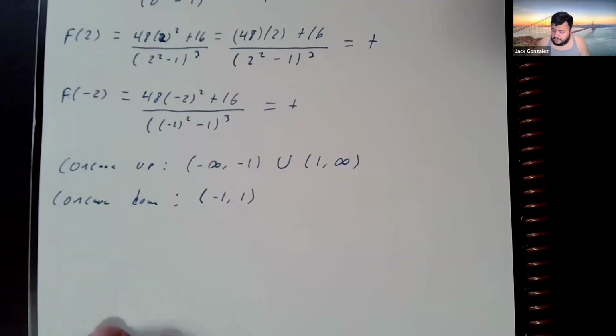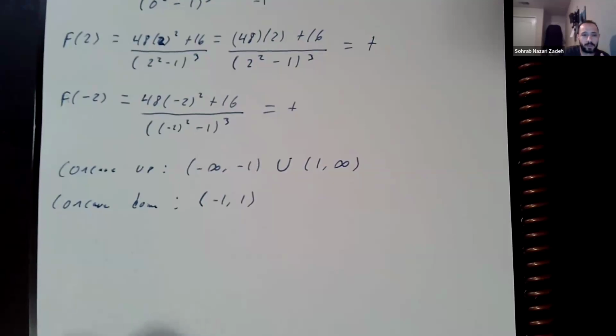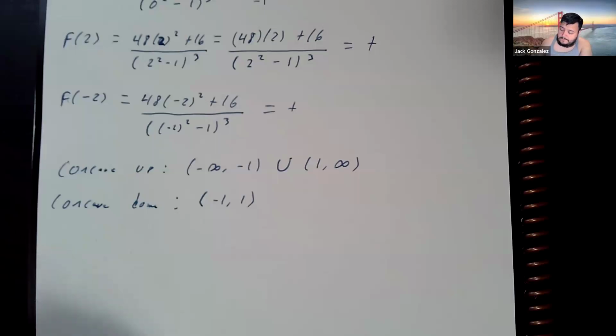Anyway, any questions on that one? So for that one, we got x equals 1 and -1. Yeah, okay, those are two inflection points.